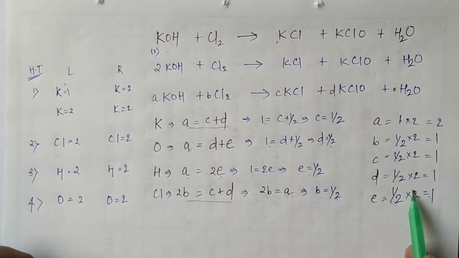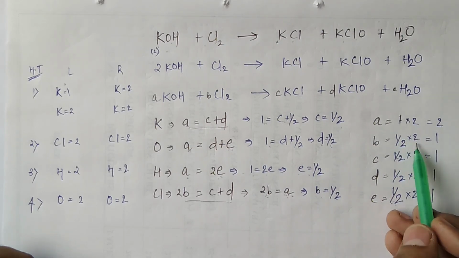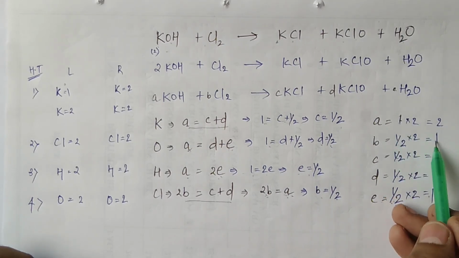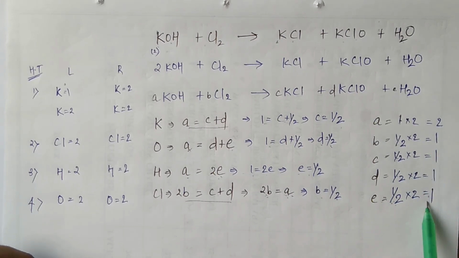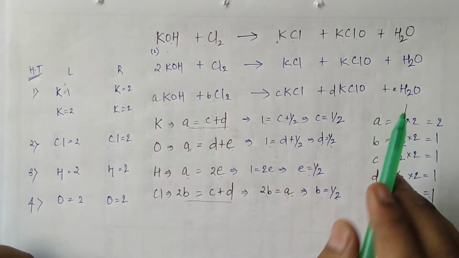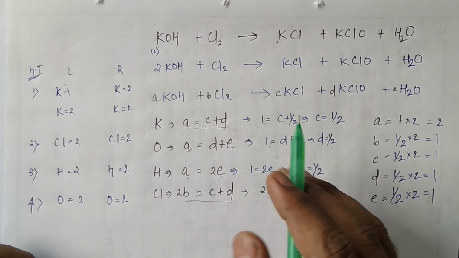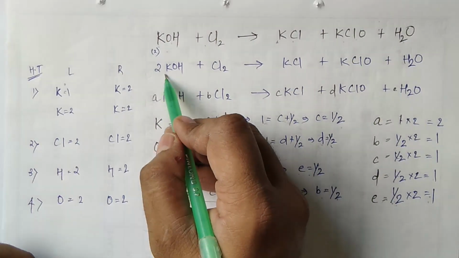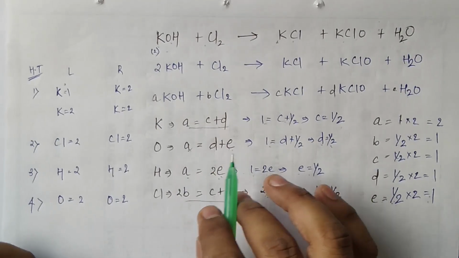I will multiply by a common factor so that I can get whole numbers. If I multiply everything by 2, this will be 2, 1, 1 and 1. If I substitute, I will get the equation balanced, and the values will be the same as I balanced by the hit and trial method.